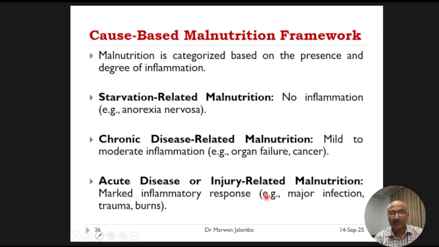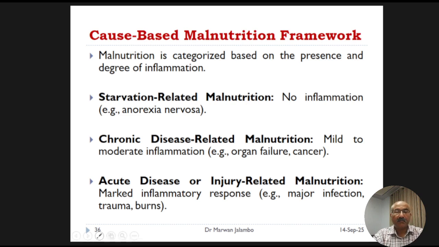If there is mild to moderate inflammation associated with a long-term condition, it is called chronic disease-related malnutrition, such as what might be seen in a patient with cancer or organ failure.